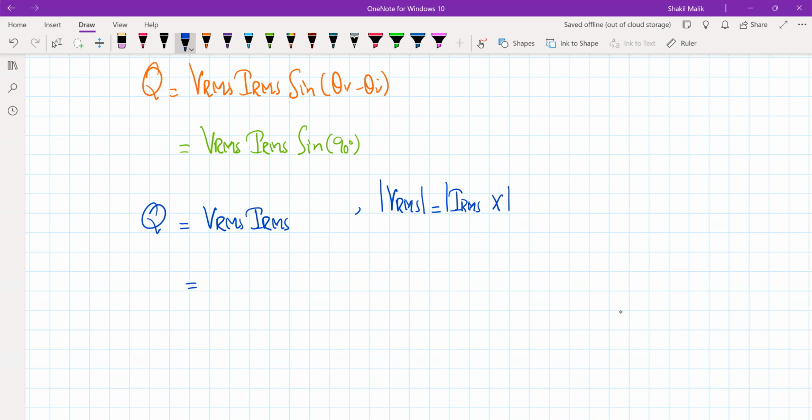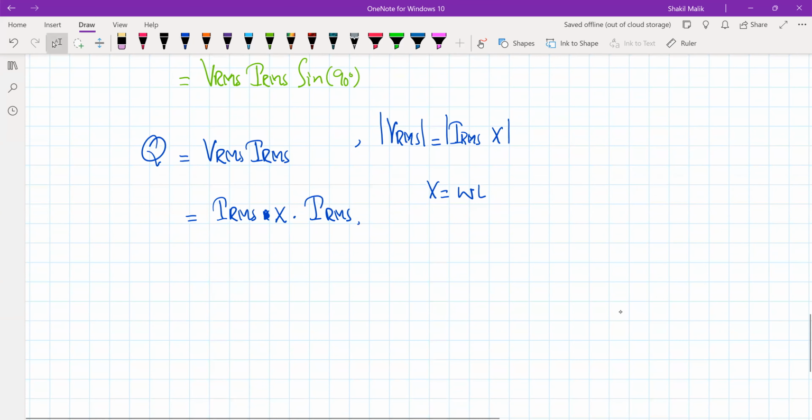So VRMS is simply IRMS times X, where X is omega L. So Q will be simply IRMS square times X. So this is one expression of Q.